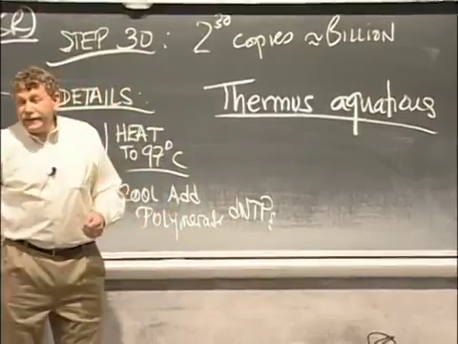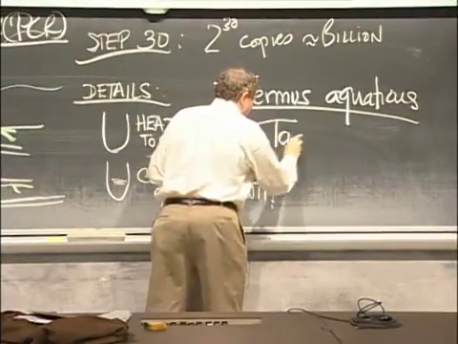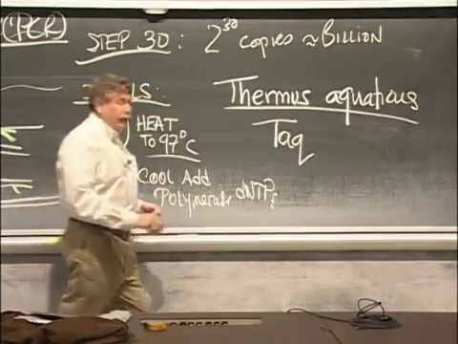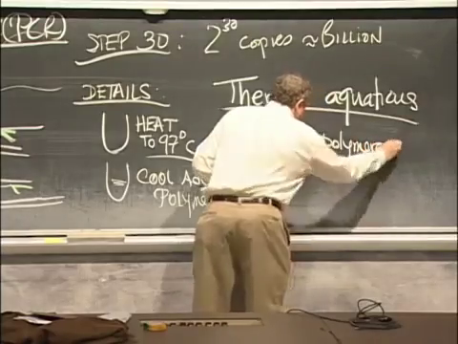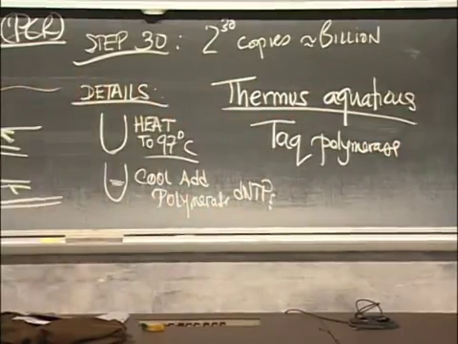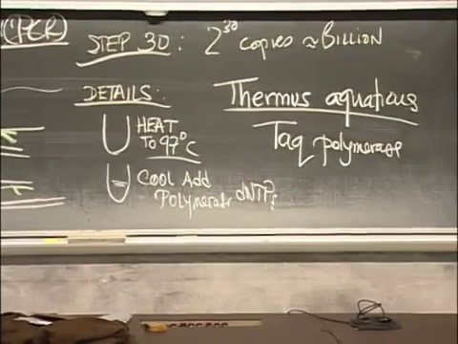And you purify DNA polymerase from Thermus aquaticus. Thermus aquaticus just goes by the name Taq, T-A-Q. You purify Taq polymerase, and now, no problem, you just throw it in your test tube, and you go heat, cool, heat, cool, heat, cool, and you're all done.